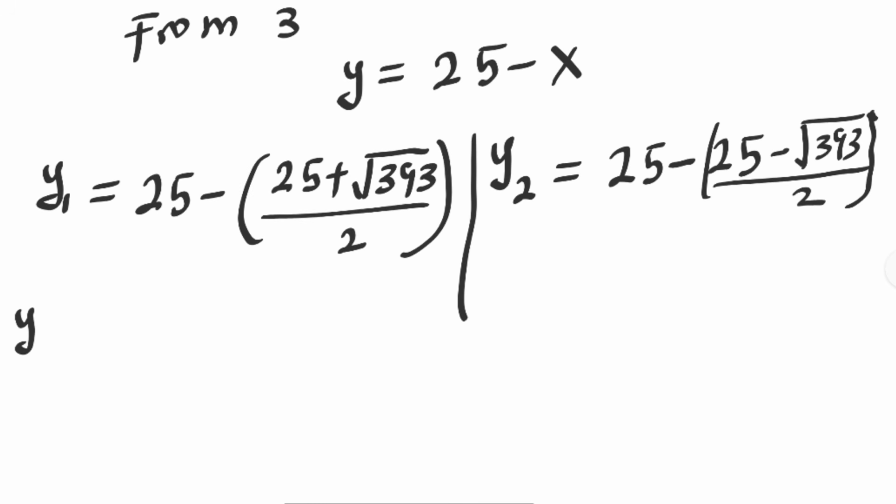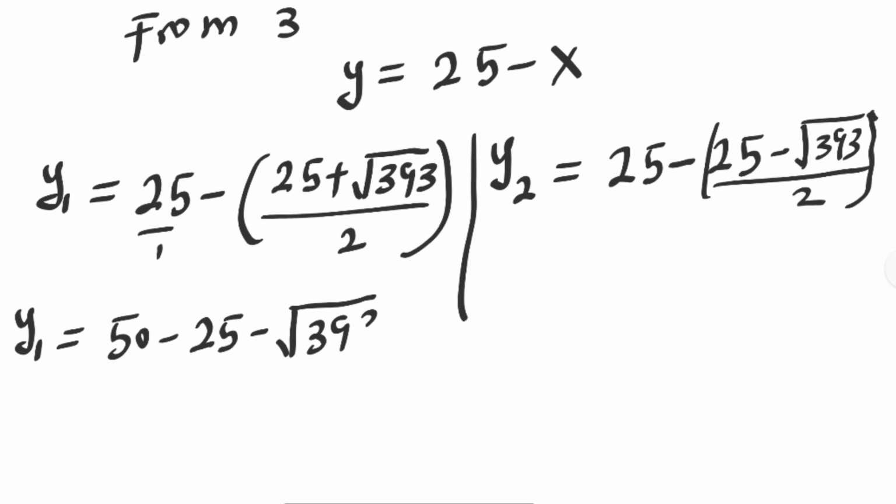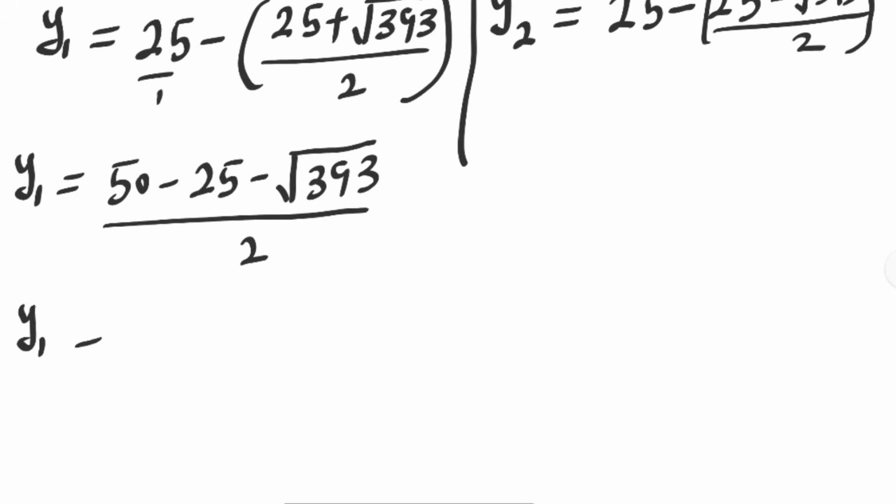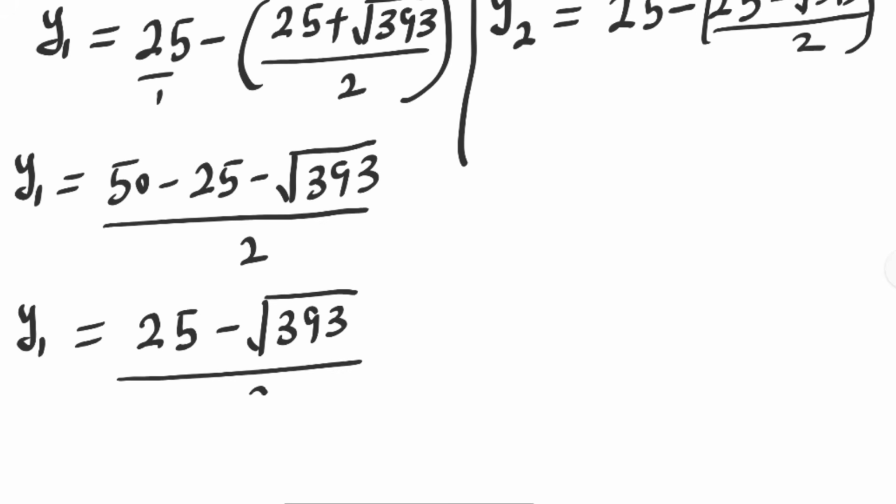Then y1 is equal to, this is over 1, the LCM is 2. 1 into 2 times 25, this is 50, minus 25. If you open the bracket with this negative, then minus square root of 393 divided by 2. y1 is equal to 50 minus 25, this is 25, minus square root of 393 divided by 2.